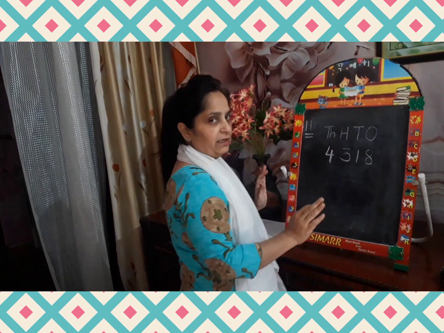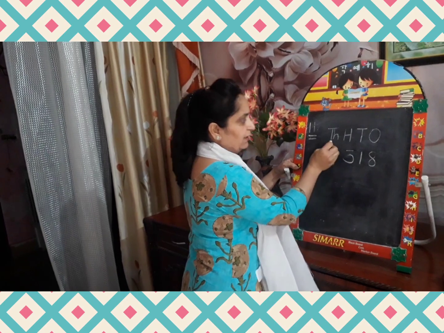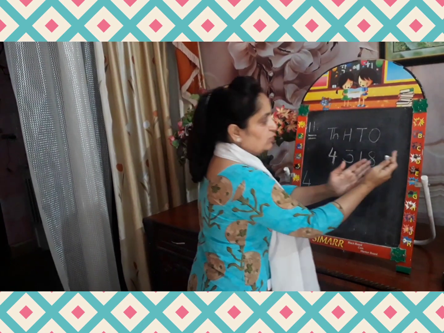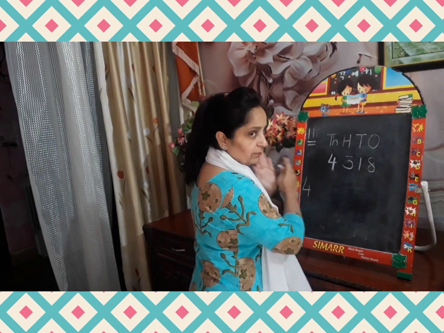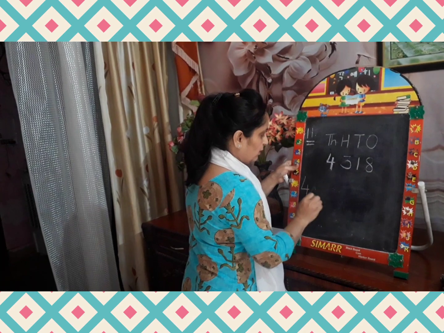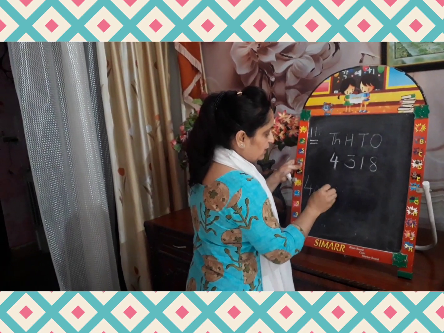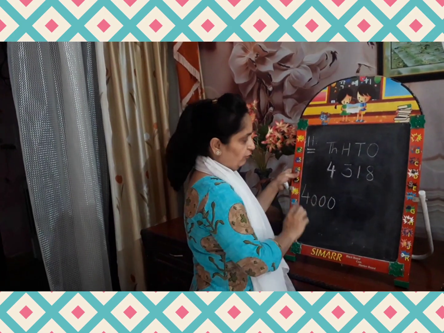So very easy. We will write 4,000. 4 is at the thousands place. We write the numbers from this side, and we expand the numbers from this side. 4 multiplied by 1000 is 4,000.